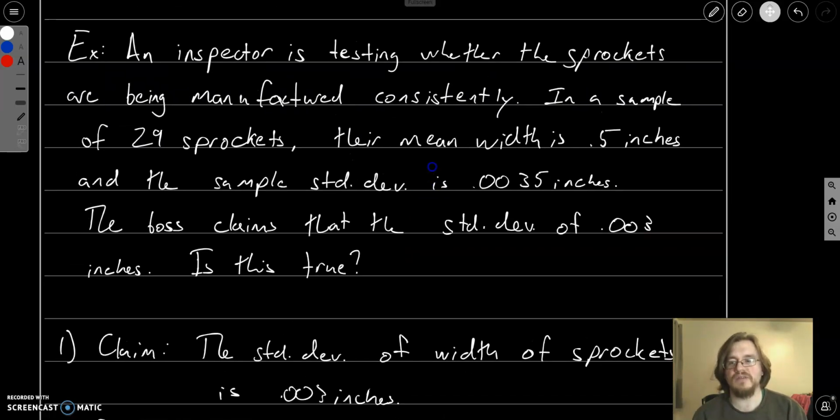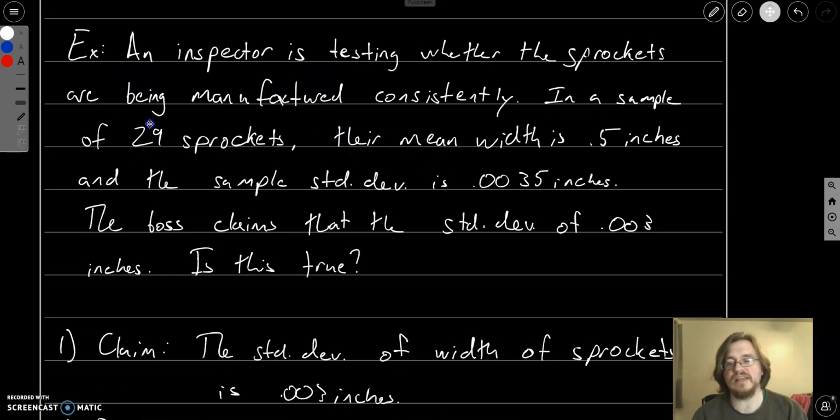But also, if those were very important, we could simply take a bigger sample size. With a bigger sample size, we have more confidence that the sample standard deviation is going to be closer to the actual population standard deviation. So maybe 29 isn't enough here. And this is where we'll end Chapter 8.